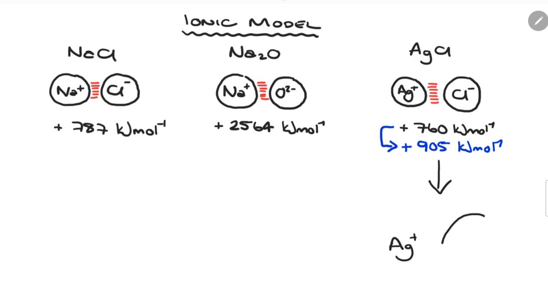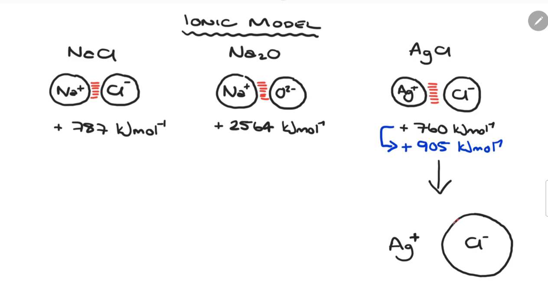If we imagine that silver ion again next door to a chloride ion, we have this negative ion with a cloud of electron charge density around it, and this is being pulled on by the silver plus metal cation. That is pulling at the electron charge sphere around the outside of the chloride ion.